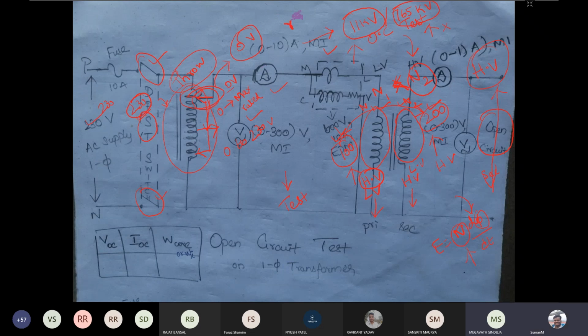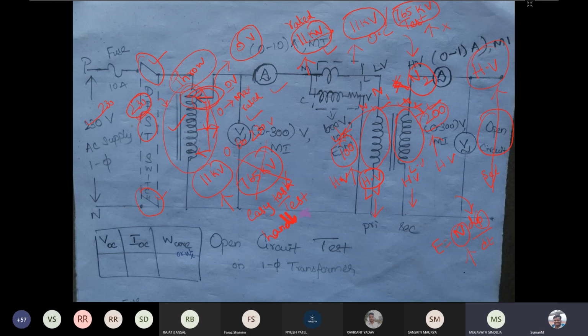If the rated voltage of the primary is 11 kilovolt, you have to tune the autotransformer so that you get 11 kilovolt across the terminals. Similarly, to test the high voltage winding, you would need a voltage source capable of supplying 765 kilovolt, which is not an easy voltage level to handle. So in the open circuit test, you bring it to the rated voltage.